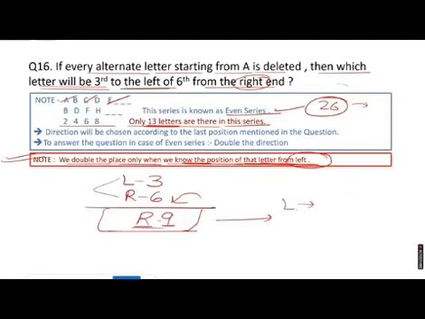So we have to find out the value from the left direction. How can you find it? We know that the total number of letters in the series is 13. So you subtract the value from 14, so that you get the value from the left hand side.